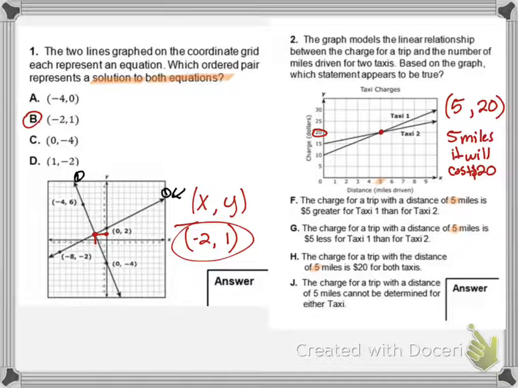The answer that says it's $20 for both taxis is correct, because they both cross the 20 mark on the y-axis at 5 miles. So neither taxi is greater or less at 5 miles, because they're charging the exact same cost of $20.